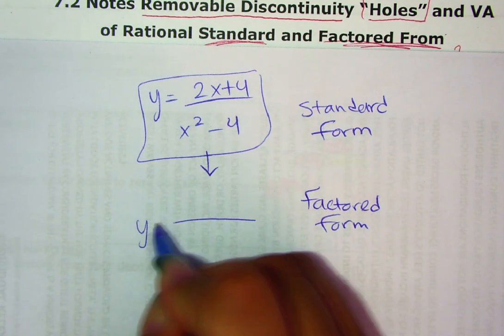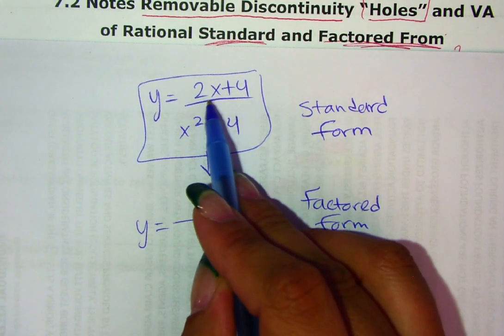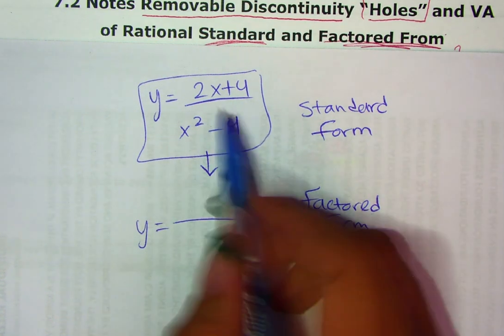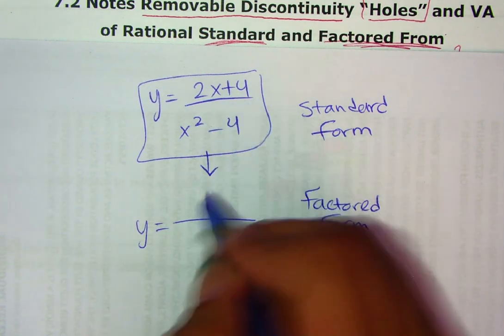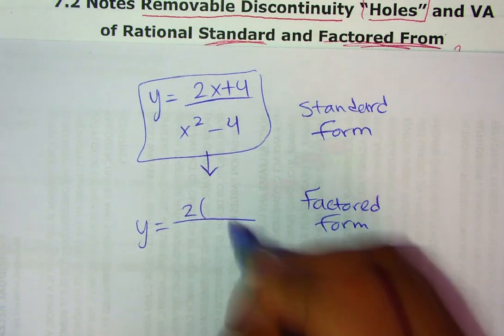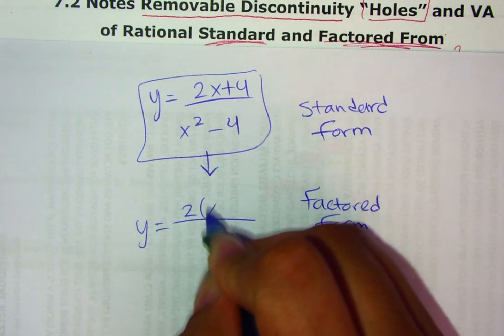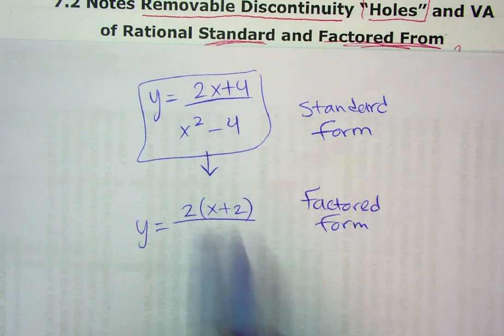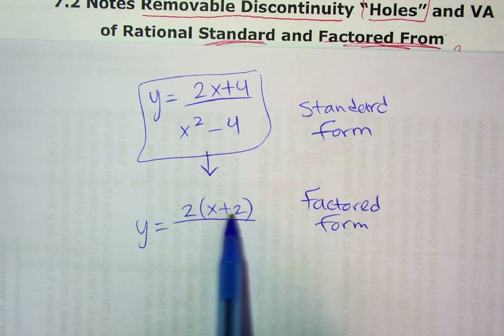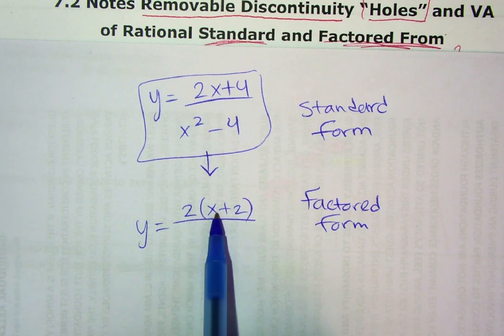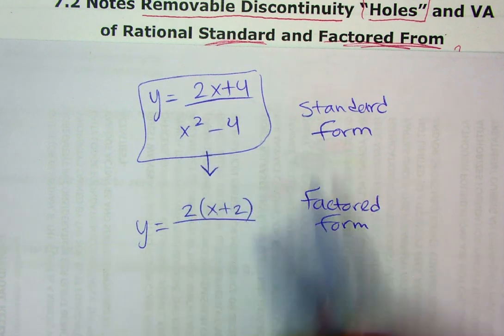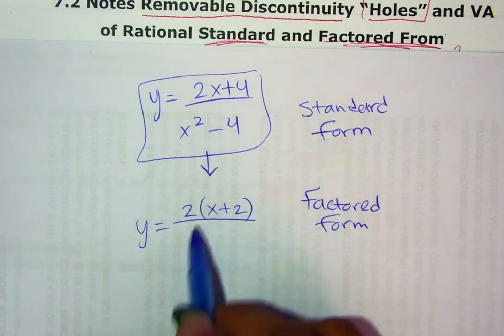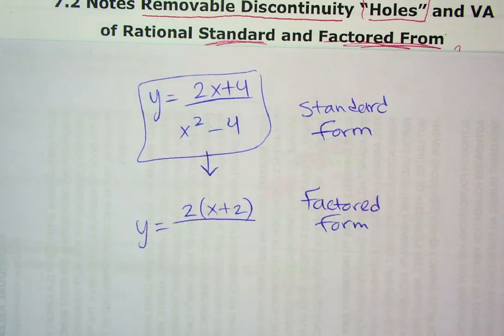You're going to look at the numerator and think of what are the factors of 2x plus 4. 2x plus 4 has 2 as a GCF, so we're going to factor out the number 2, and we are left with x plus 2. And there's nothing else we can factor here, so these are the factors for 2x plus 4. On the denominator, we have x squared minus 4. So you need to look at this binomial and ask yourself, how can you factor that binomial?